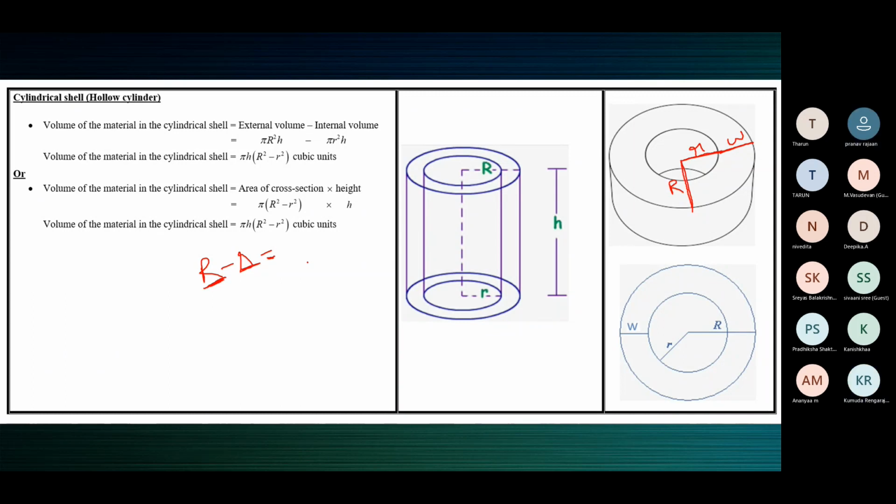Ma'am, 0. Oh, that means you're saying both the radius will be the same? The outer radius and the inner radius will be the same? No, use the letters. The letters are there. R, r and w. R minus r. Is it 1, 0? What is it? Half of R, ma'am. No.